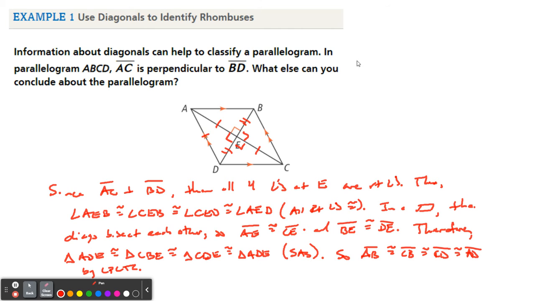I'm going to put 3 marks on all of those. That would mean that this parallelogram has 4 congruent sides. And since ABCD is a parallelogram with 4 congruent sides, ABCD is a rhombus.